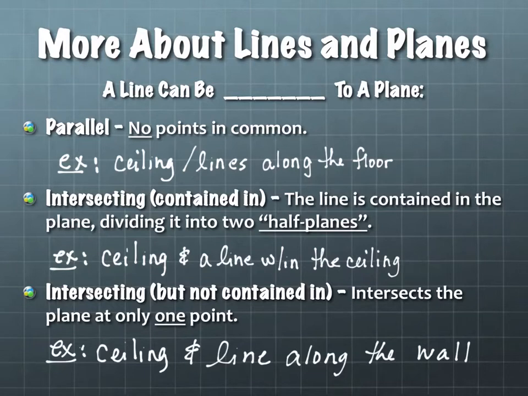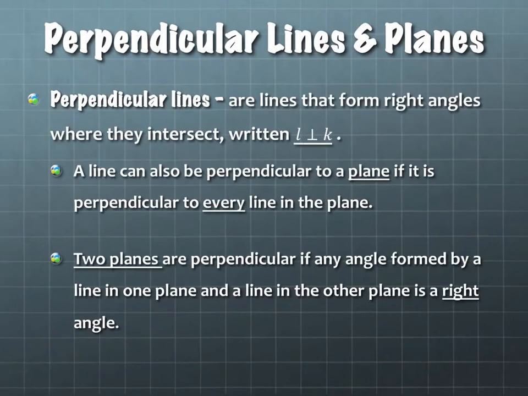Okay, a few more relationship descriptions to look at. Perpendicular lines. Perpendicular lines are lines that form right angles when they intersect. And we write it with the lines, like L and K. And perpendicular notation looks like an upside down capital T. That's perpendicular.